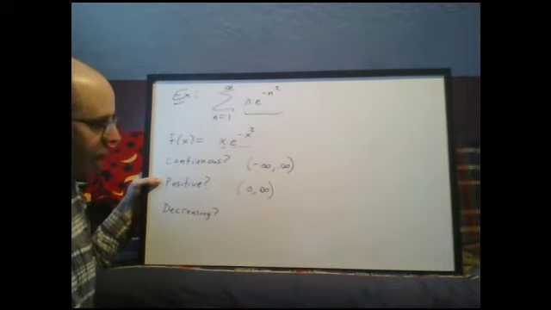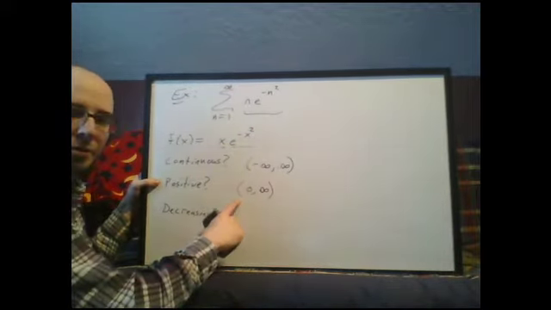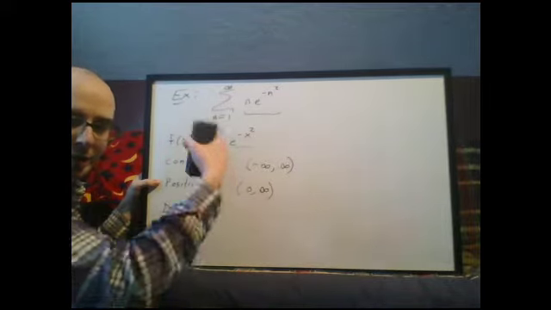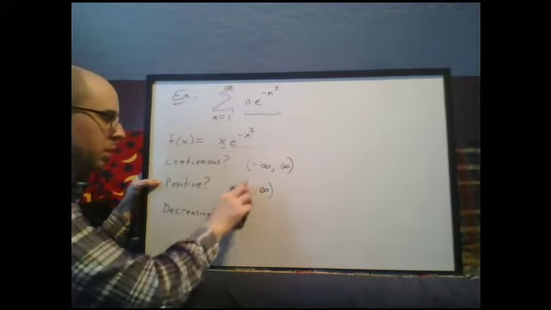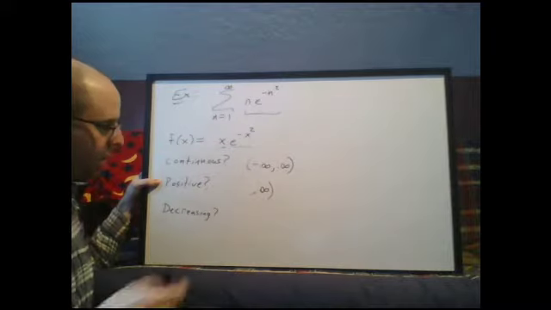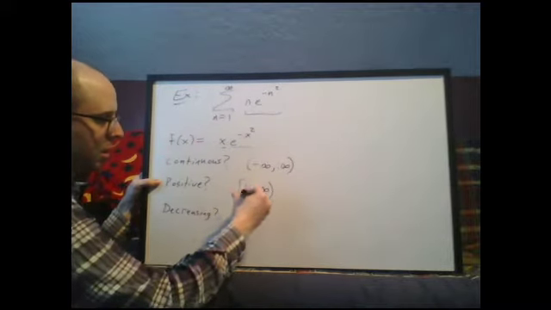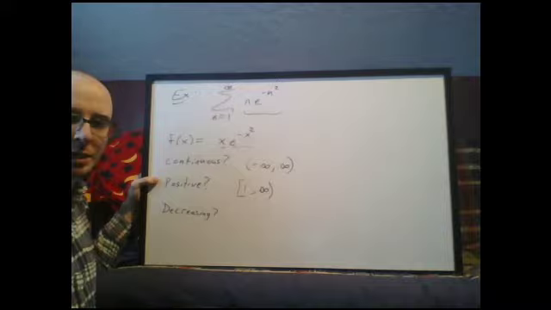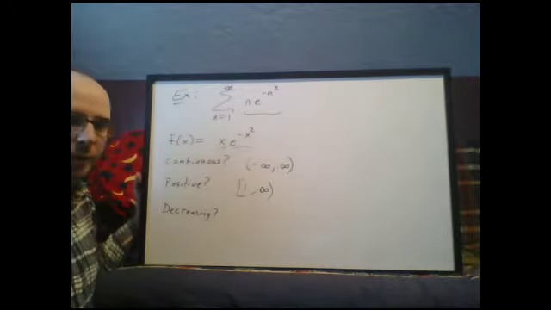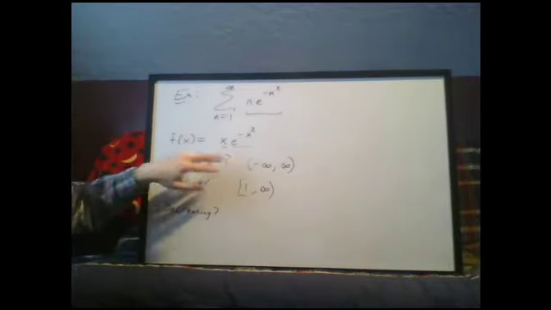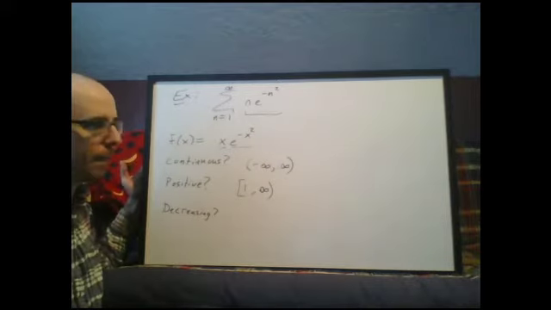But I don't want open intervals generally for the integral test. I want to have a definitive starting number. So if it was 0 to infinity, I'll make that 1 to infinity, starting at 1. Right? Now these are different answers, but that's okay.